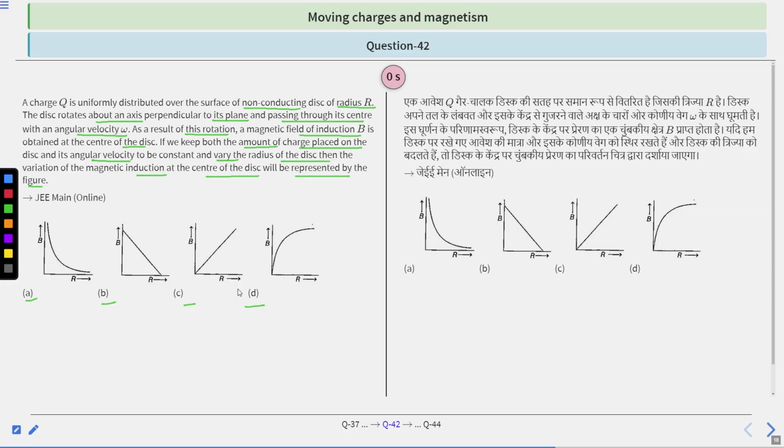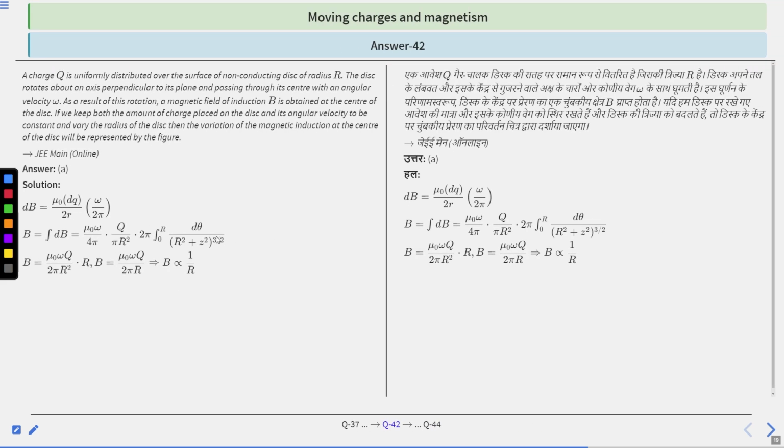Let's find the solution. We know the formula dB equals mu naught dq divided by 2r omega divided by 4 pi. For calculating B, integrate this dB.